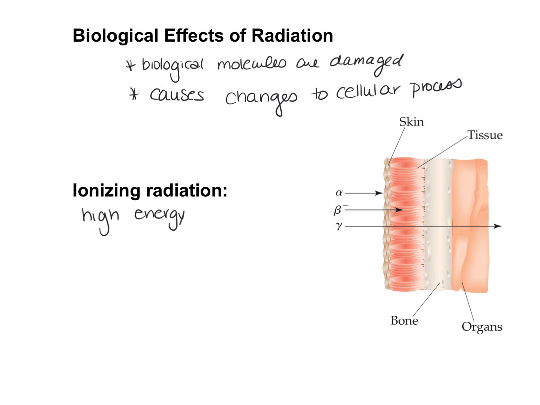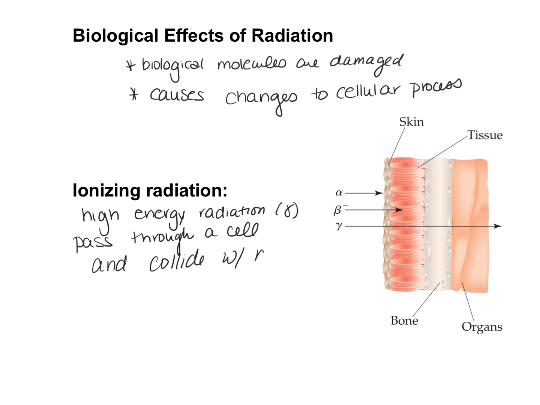Like gamma particles pass through a cell and collide with molecules, causing them to lose an electron, and it can be one or more.